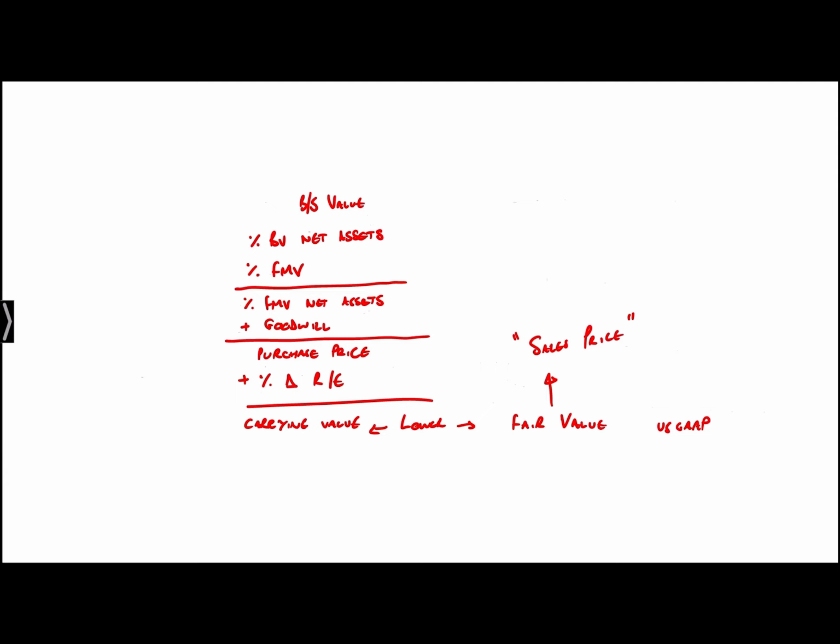But remember, with IFRS, rather than looking at fair value, it uses the higher of two figures. And you'll remember this from level 1. One was fair value less any disposal costs. Sometimes they call that FLCOD, fair value less costs of disposal. So any costs you would incur in actually selling the investment. And the other one is value in use.